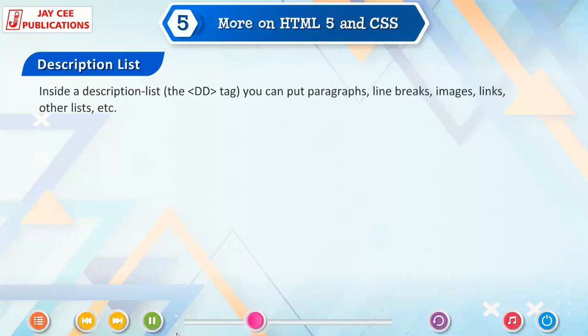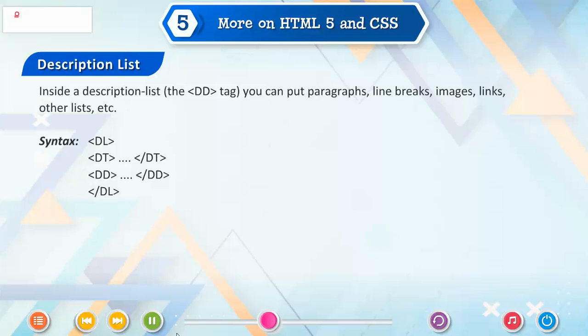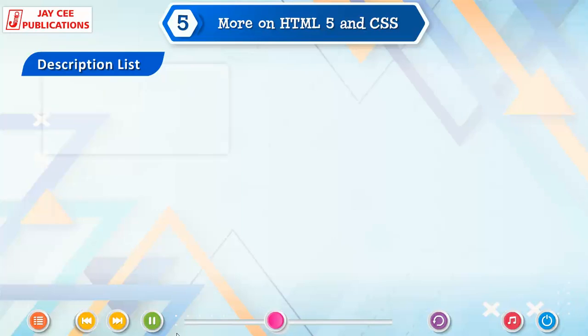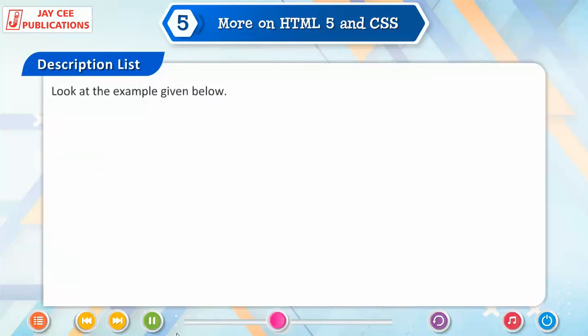Inside a description list, the DD tag, you can put paragraphs, line breaks, images, links, other lists, etc. Syntax. Open DL tag, open DT tag, close DT tag, open DD tag, close DD tag, close DL tag. Look at the example given below.